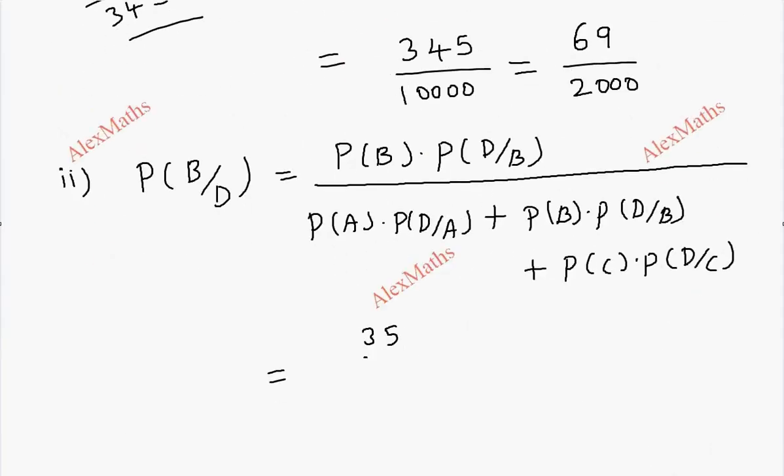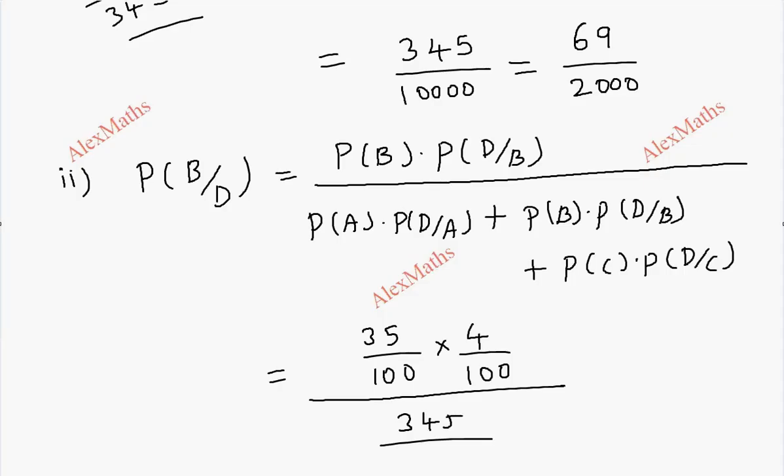So 35 by 100 into 4 by 100, and in the denominator already we had 345 by 10,000.